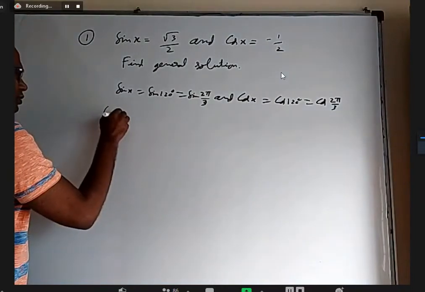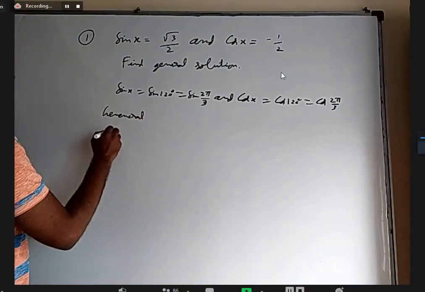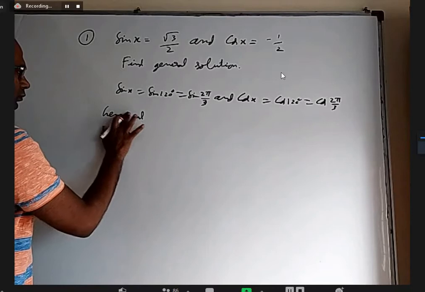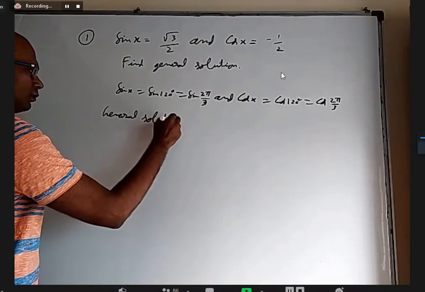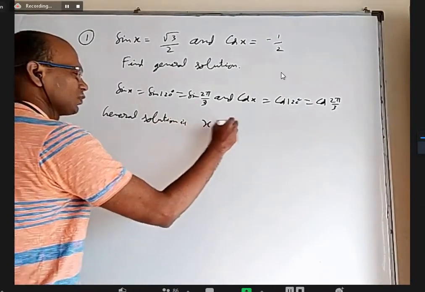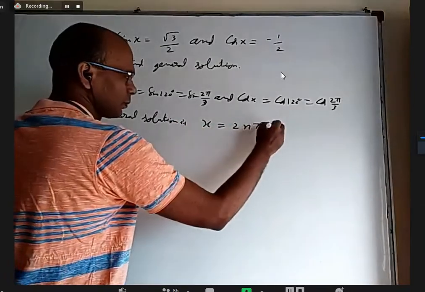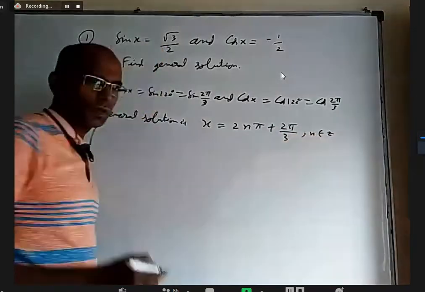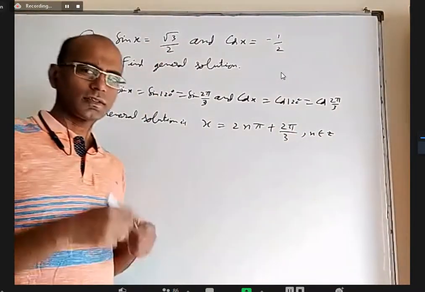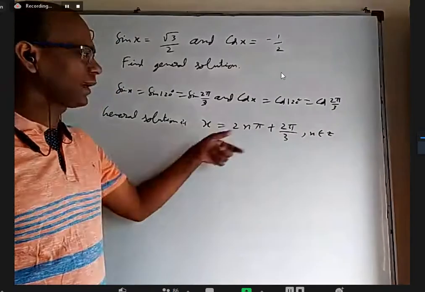So the general solution is x equal to 2n pi plus 2 pi by 3, n belongs to Z. Because once you get an answer in the second quadrant, the next answer will again be in the second quadrant only. We keep on adding 2 pi.